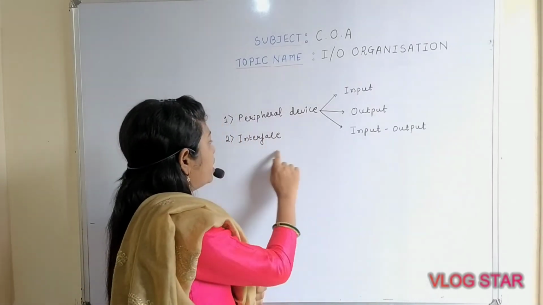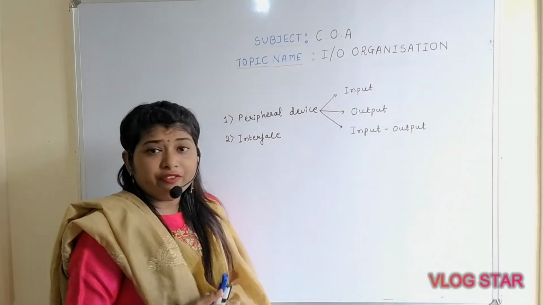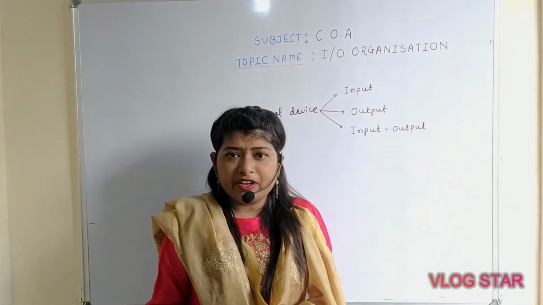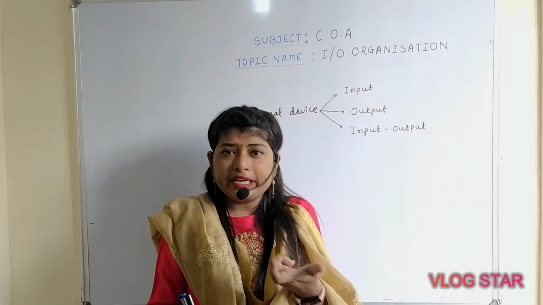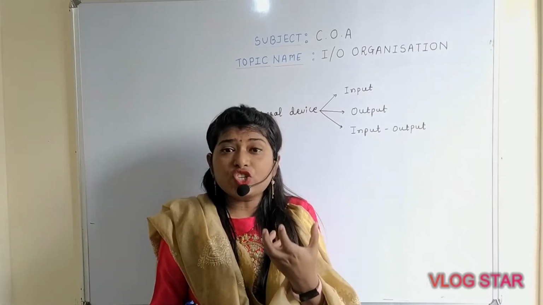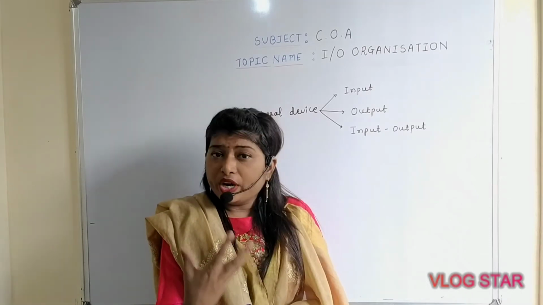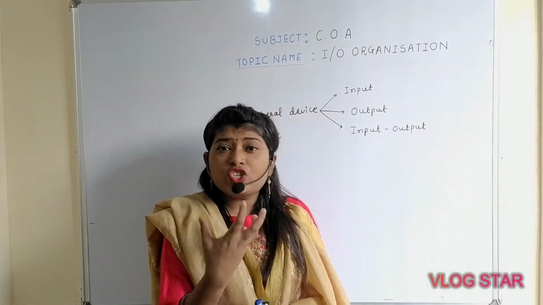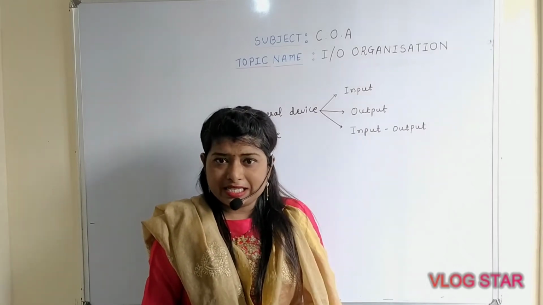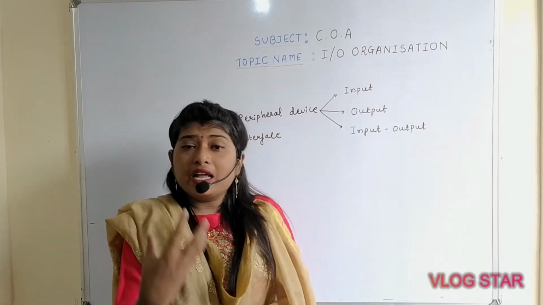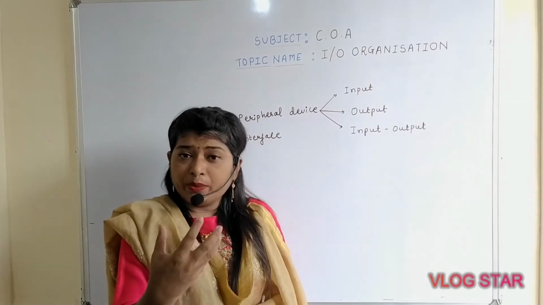Coming to the second important parameter related to the input output organization, that is interface. What is the basic definition of the interface? As the name indicates, interface is a shared boundary between the two components of the computer system, and it allows us to connect two or more components to that particular computer system.